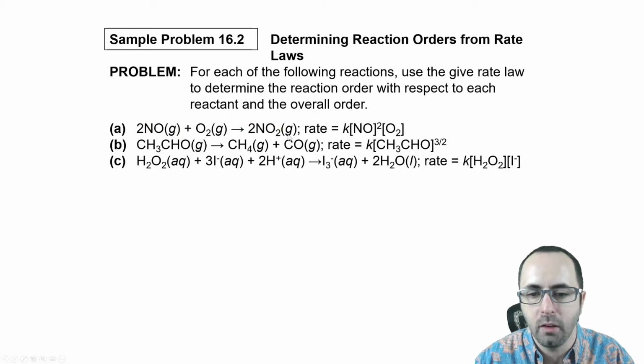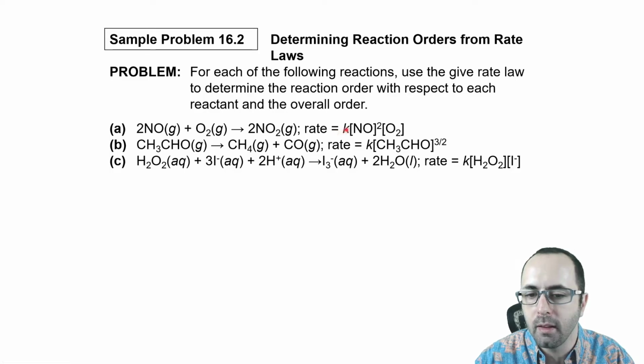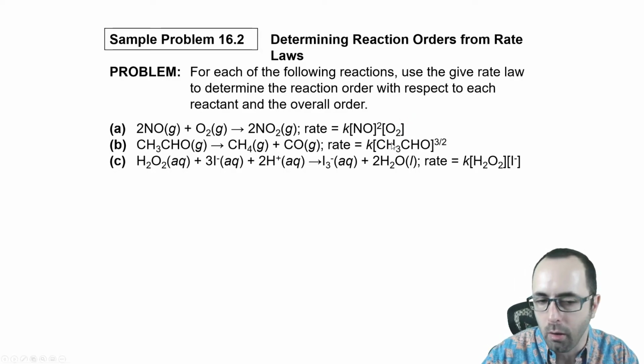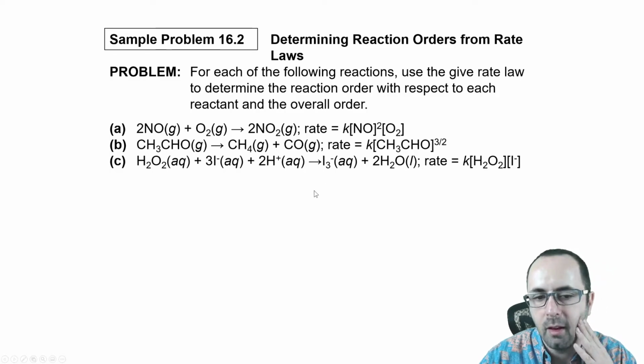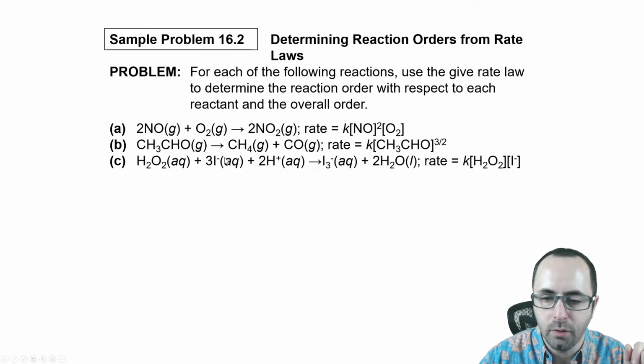So here the balanced equation is 2NO plus O2 makes 2NO2, and the rate law is the rate constant times the concentration of NO squared times the concentration of O2. What do you know? It just so happens in this case the orders are the same as the coefficients in the balanced equation. Not always going to be true.